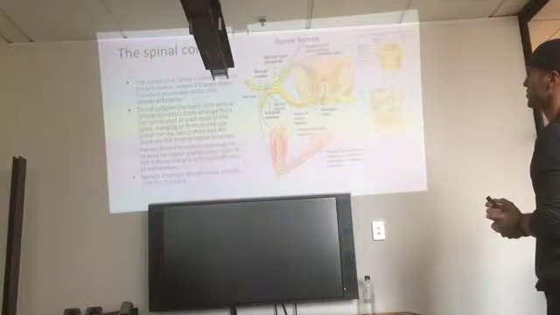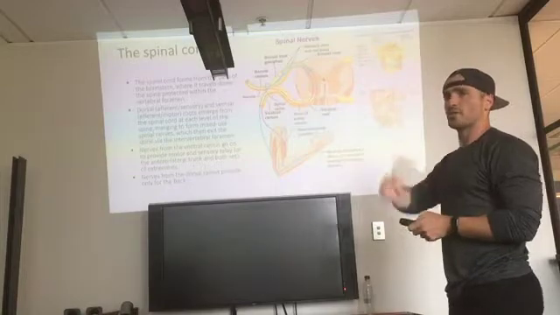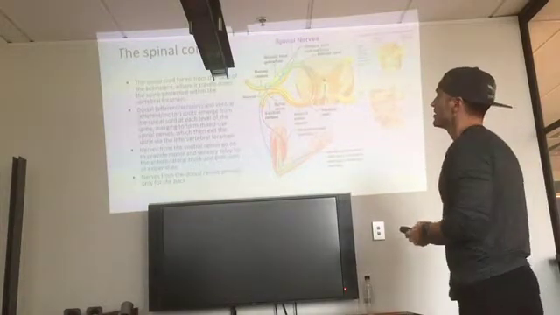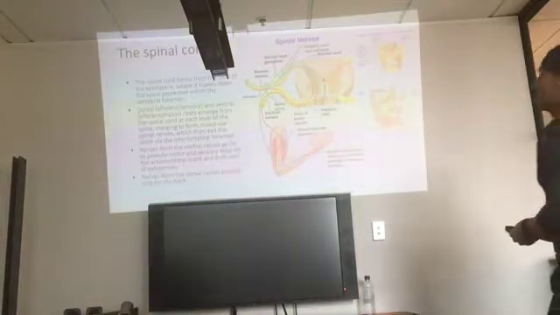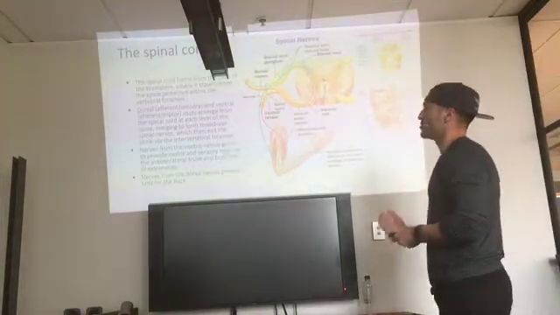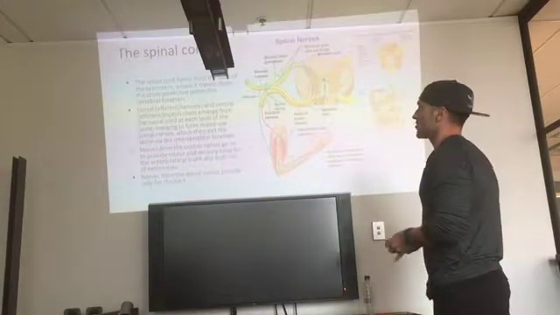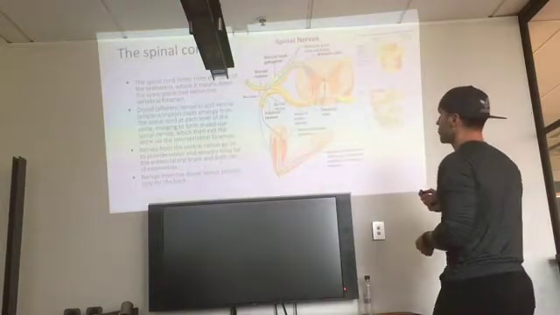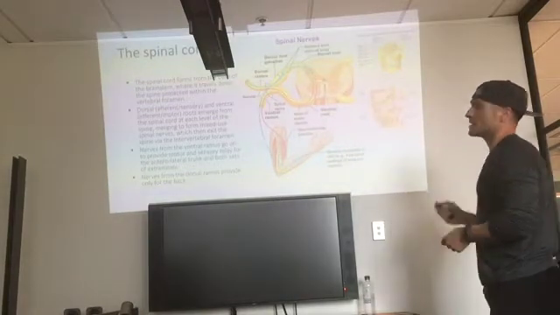So, the spinal cord, right, that sort of thick pillar of nervous tissue that runs through your spine, through the vertebral foramen, it's called, starts at the base of your brainstem, and then it travels down, like I said, within the vertebral foramen. The posterior side of your spinal cord is dedicated to sensory feedback.